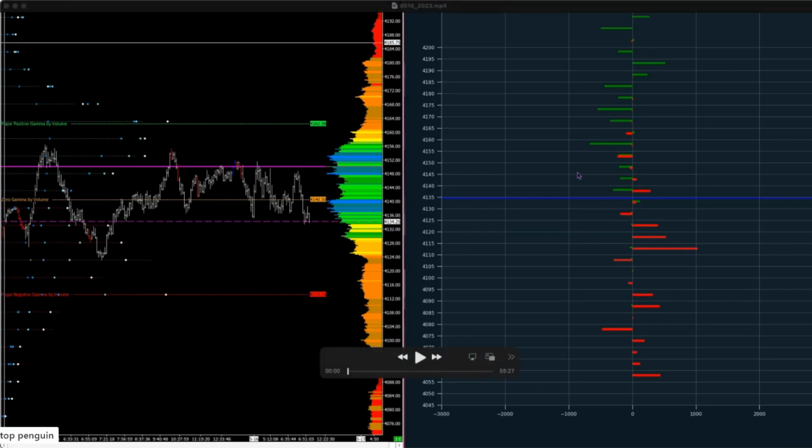In terms of visualizing this, when I say live open interest, it means that as volume is coming in, let's say somebody buys 4140 calls, then there's going to be a green bar here, which is going to move to the right because it's buys, so it's positive.